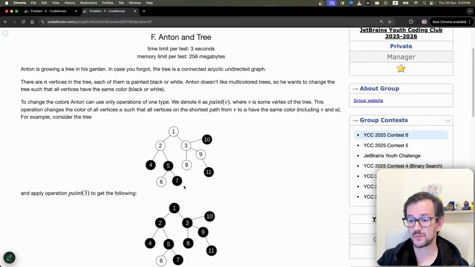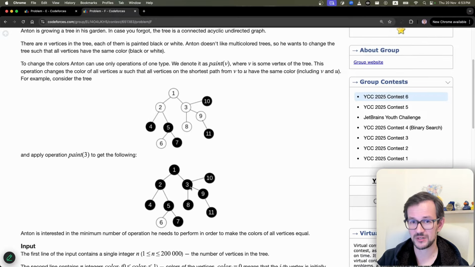So what do we do in this problem? We have some coloring problem on the tree. We have a tree colored with white and black colors, and we want to make all the vertices have the same color. We can do it by applying a single operation, paint, basically the same as in any painting application.